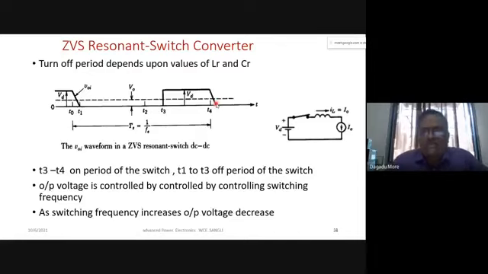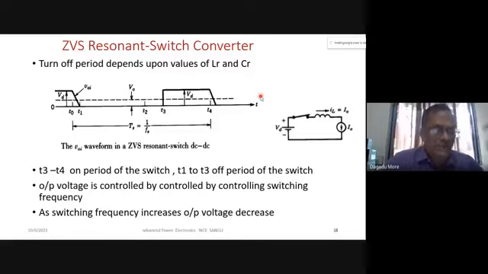So what will happen to the output voltage as frequency increases? Output voltage will decrease, because the off period is fixed, our on period goes on decreasing, and that's why the duty ratio goes on decreasing.